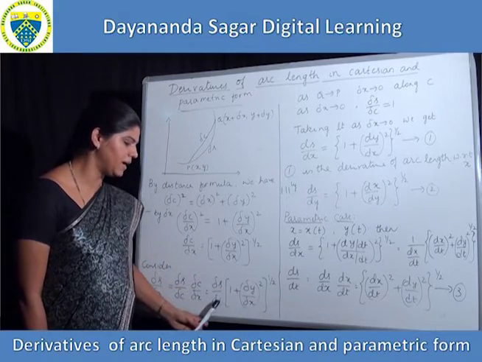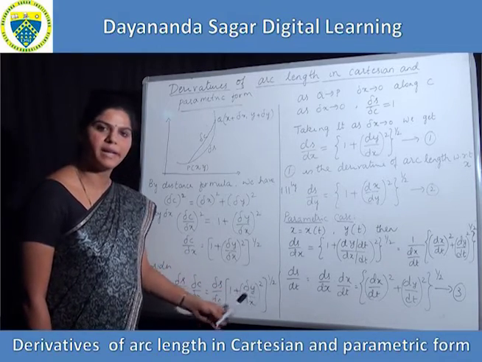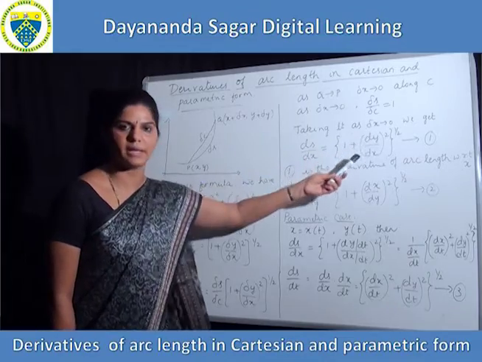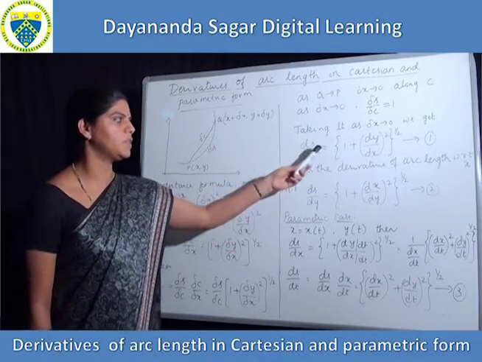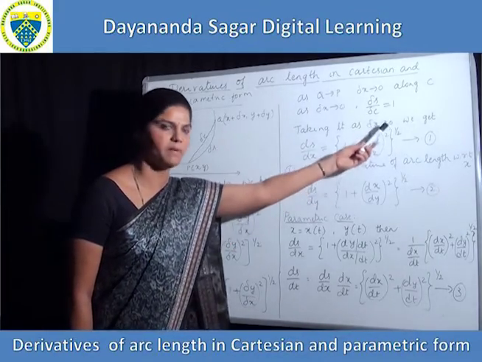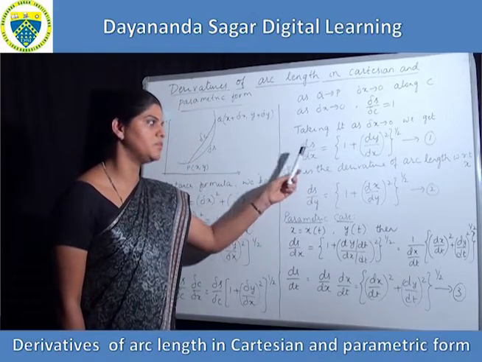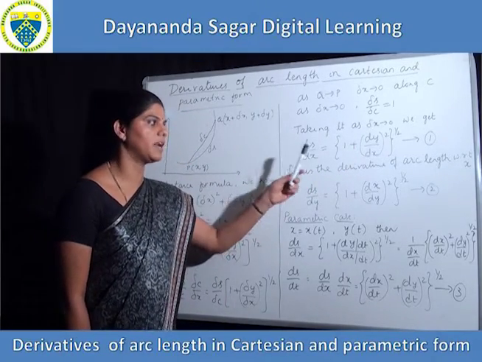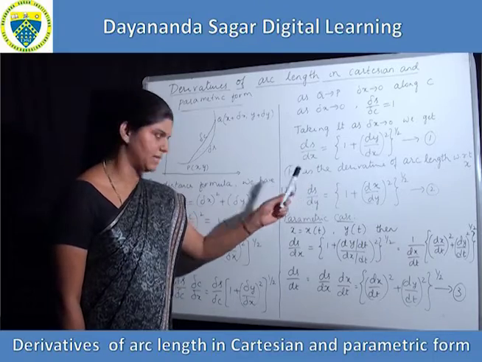So this limit is 1, and the limit of delta y by delta x is nothing but dy by dx. Hence we get ds by dx equal to (1 plus (dy by dx) whole square) to the power half. This expression 1 is called the derivative of arc length with respect to the variable x.